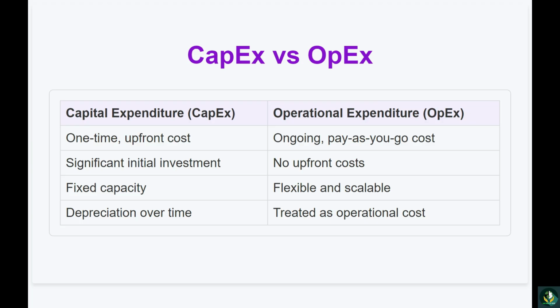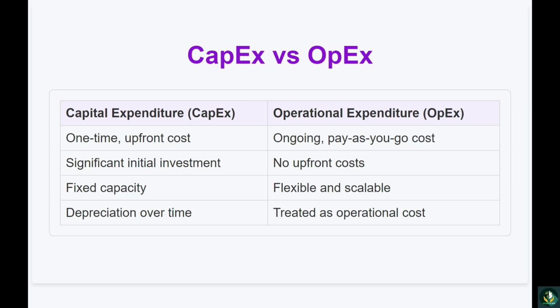In the IT world, this typically involves purchasing servers, networking equipment, and other hardware for on-premises data centers. CapEx also includes the costs associated with building or upgrading facilities to house this equipment. These investments are characterized by their significant upfront costs and the fact that they're depreciated over time.